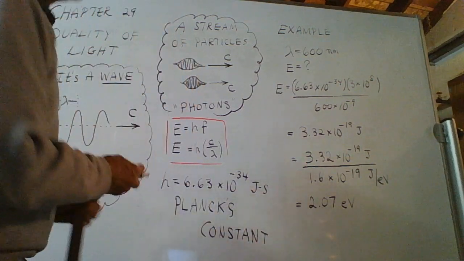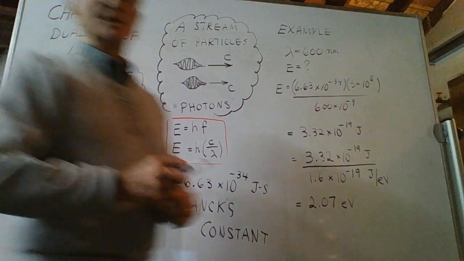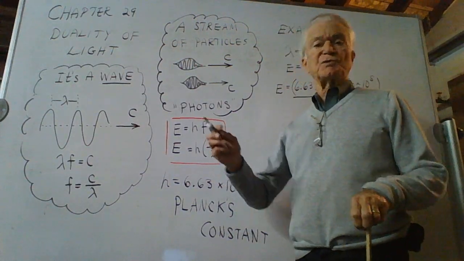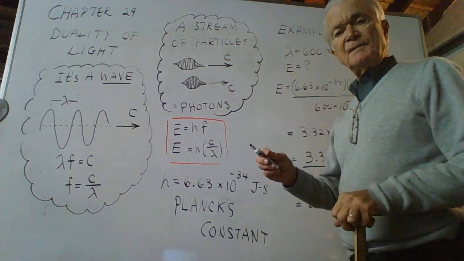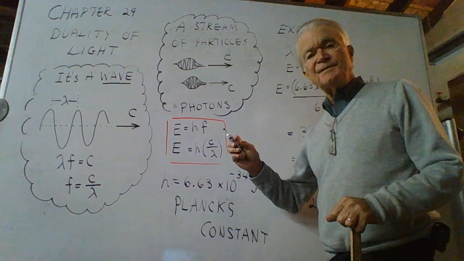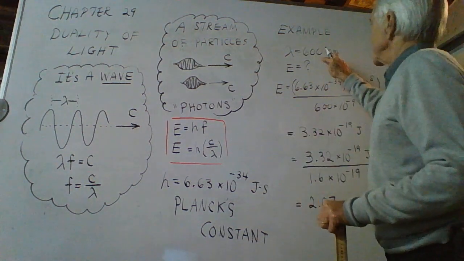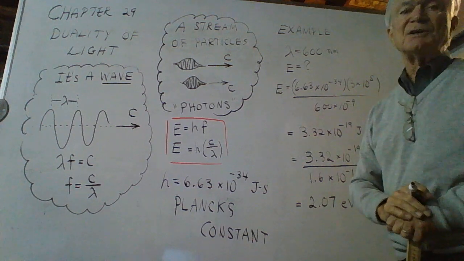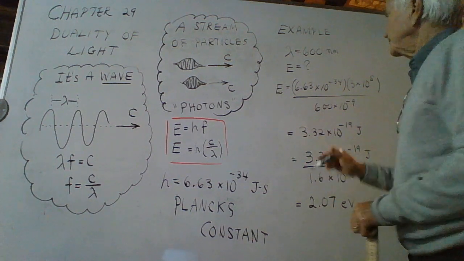Now, let's work a problem in which we're asked to calculate the energy of a photon in a stream of photons that represent an electromagnetic wave whose wavelength is 600 nm. An nm is a nanometer, a billionth of a meter.